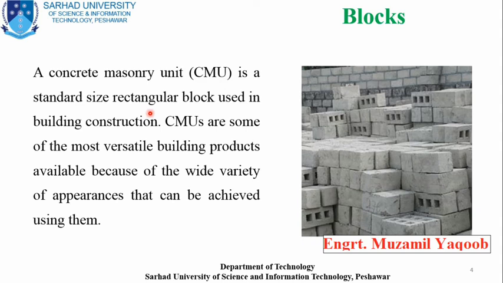And if we discuss in depth, some of the most versatile building products available in the modern construction era, because of the wide variety of appearance, which means it is available in different varieties. And over here in this picture you can see how a block looks, its cleavage and its appearance.